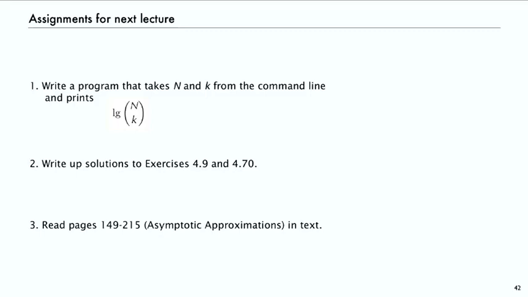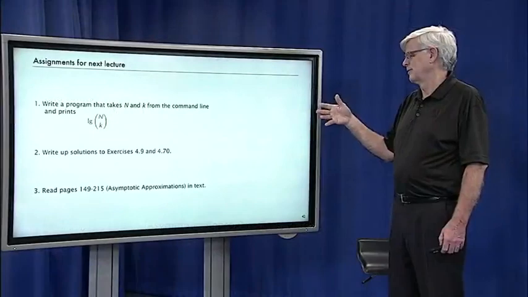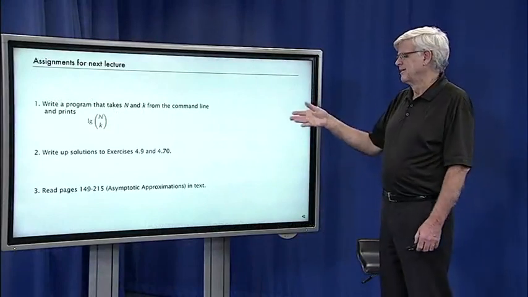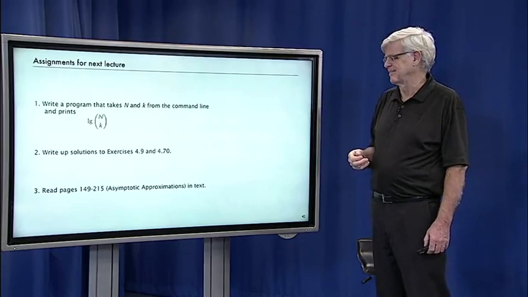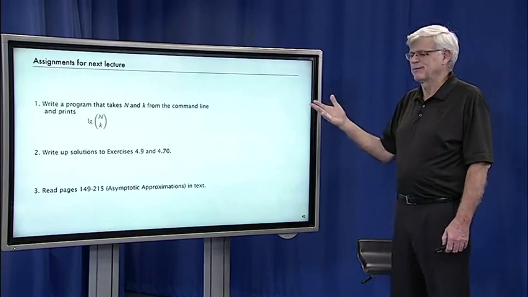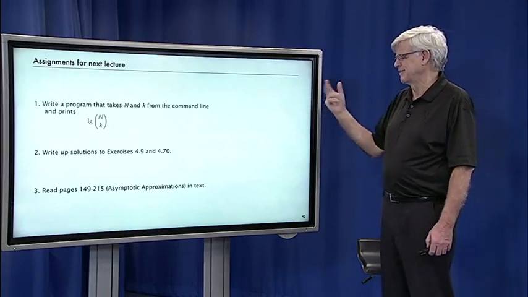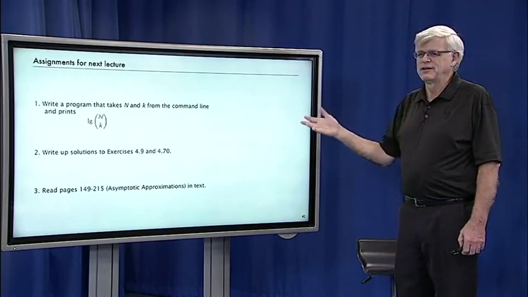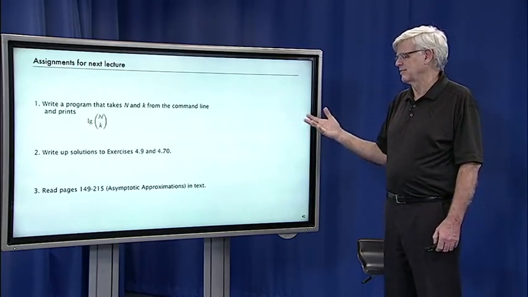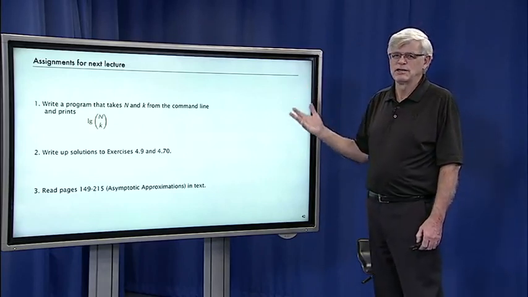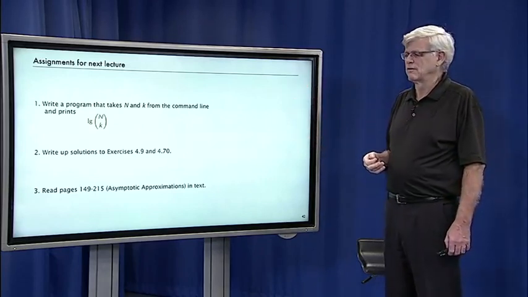If you're not comfortable with using tech, either on paper or with MathJax and HTML, that'll certainly provide some practice, or write it up by hand. I don't write stuff up by hand anymore, but some people do. And then read the chapter on asymptotics in the text for much more detail on all the information we've covered.